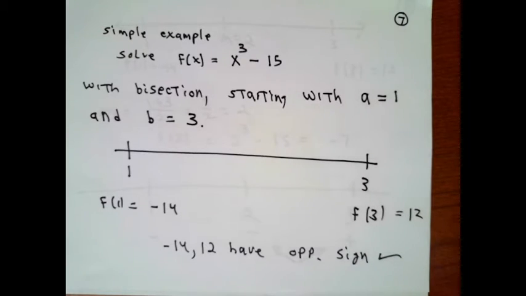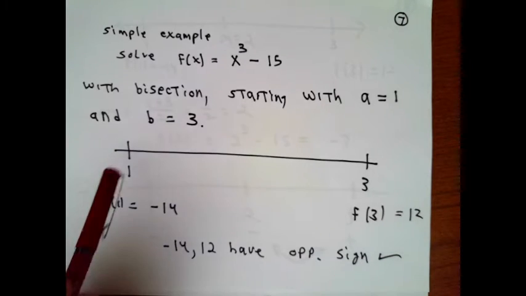As a concrete example, let f of x be x cubed minus 15. This is a simple problem of which we can easily find the exact solution. We're going to use it as a test bed for our bisection idea.